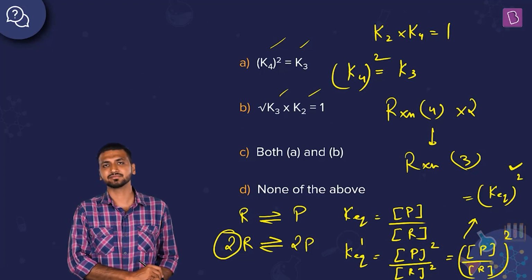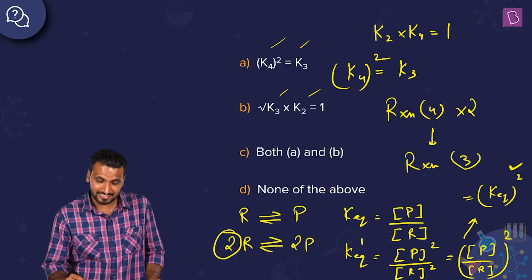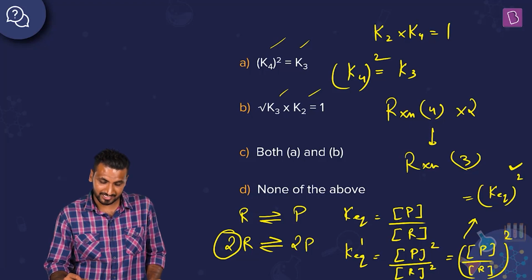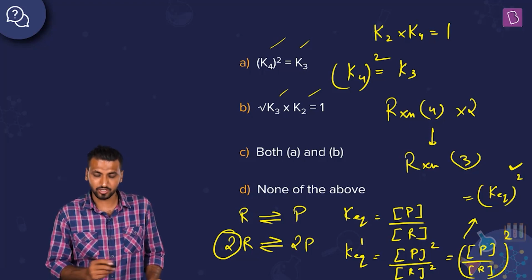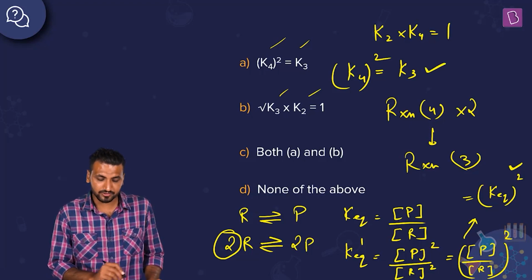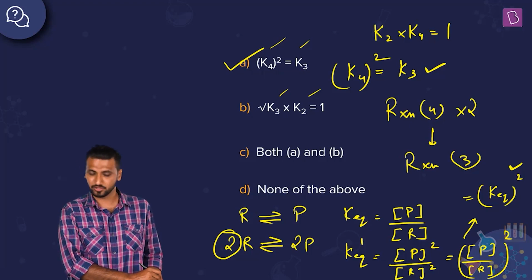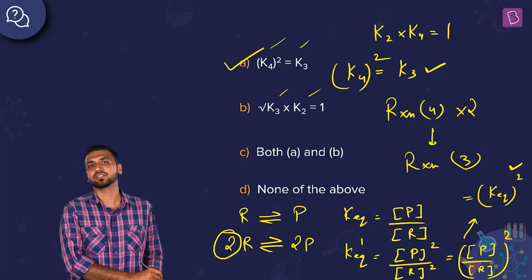Make sense? Is it okay? Cool. I want to find a relation between K3 and K2, or K3 and K4. K3 is square of K4, and that's exactly what I see in option A.